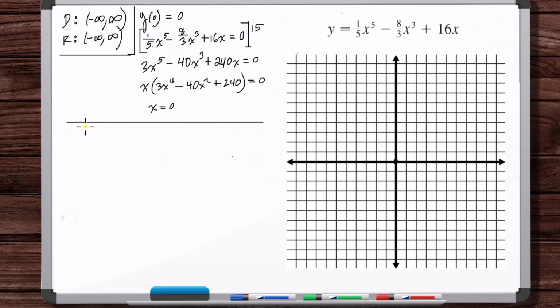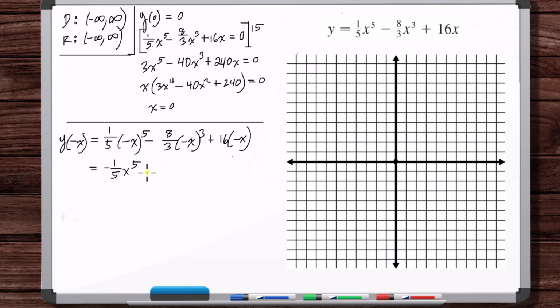Okay, next let's check for symmetry. Let's check to see if this is an even function, which means it's symmetric about the y-axis. So we replace x with minus x and see if that equals y, the original function. This would be plus.